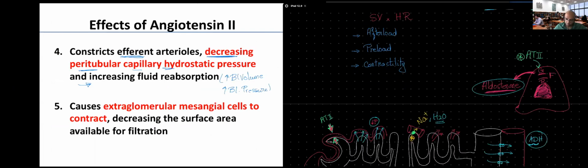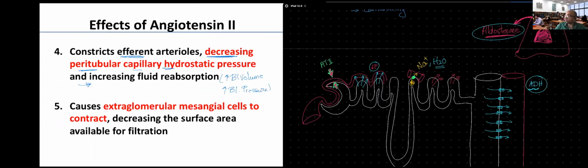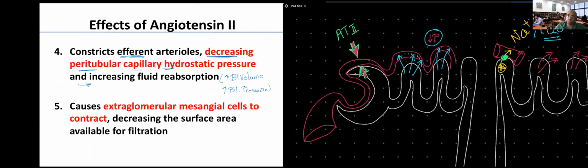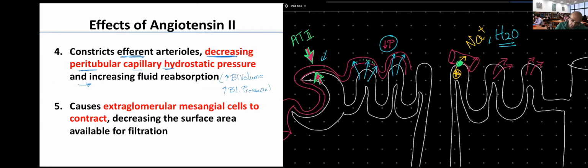Another function that we just mentioned for angiotensin II would be to constrict the efferent arteriole. And when I constrict the efferent arteriole on here, this will reduce the amount of blood circulating in the peritubular capillaries, reducing the hydrostatic pressure.